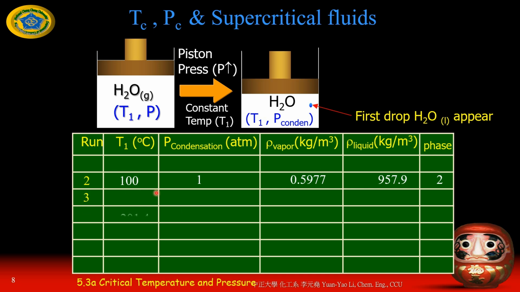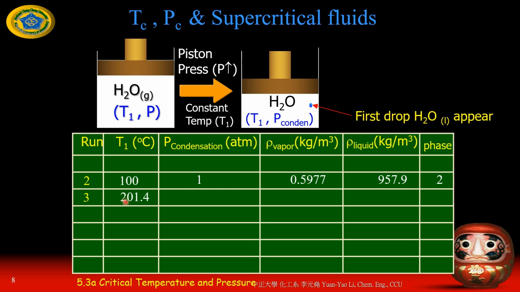Let's talk about round 3. What happened in round 3? If I increase the temperature, let's make T1 become T2, 200 Celsius, for example. Again, there's always gas phase H2O. Again, you have a piston, you push this down.